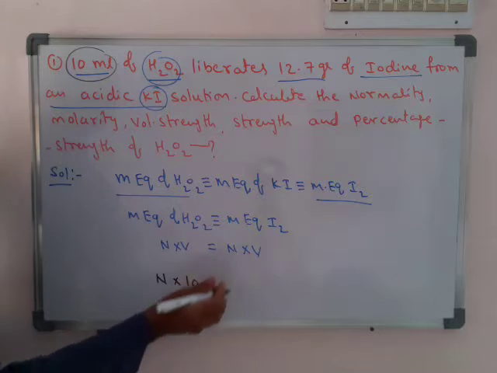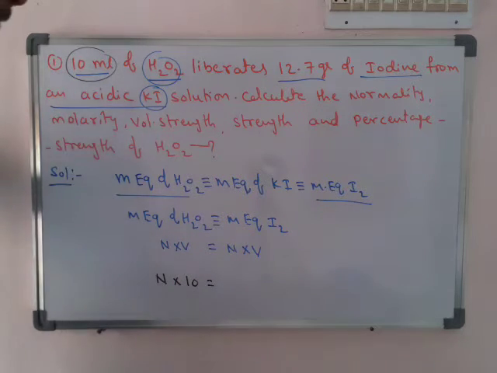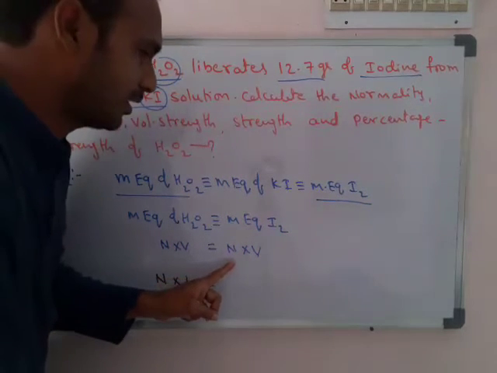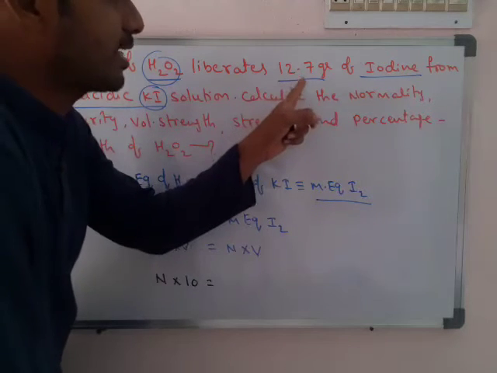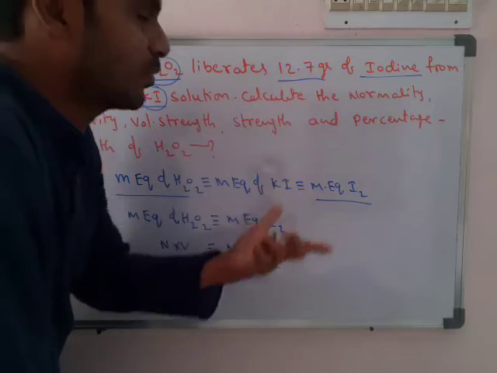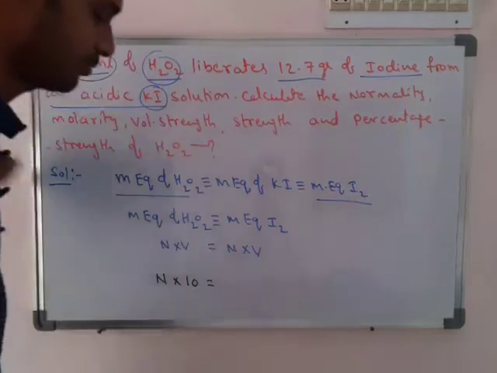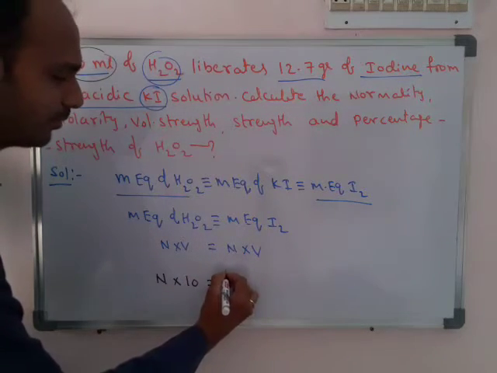So what is the normality of iodine? The normality is not given, but the weight is given. So with the help of the weight we are able to find it. What is the normality formula?